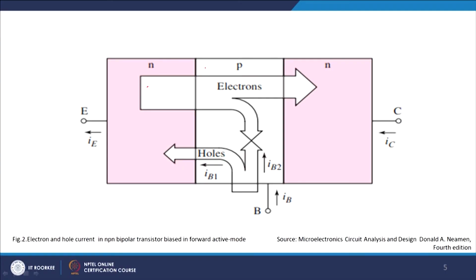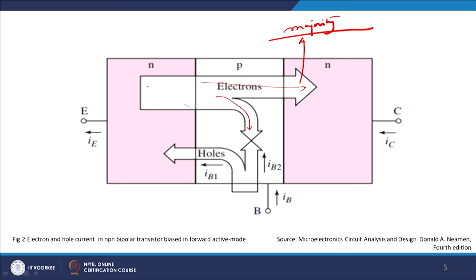So, coming back to the basic issue, once again we saw that for active mode, the base emitter is forward biased and the base collector is reverse biased. We again came back to the same position: if you have an NPN, the thicker arrow is basically my majority current. The majority carriers are injected very fast and you get a large amount of electrons coming here.